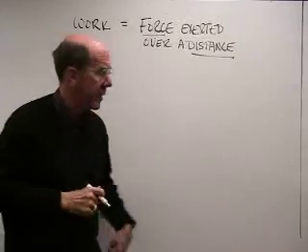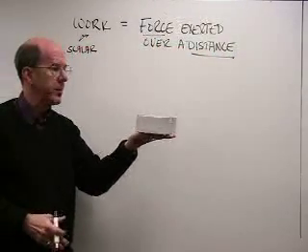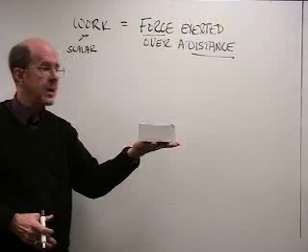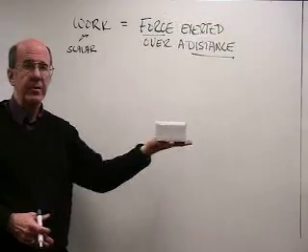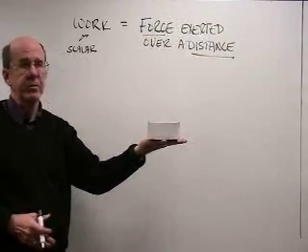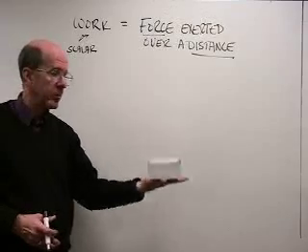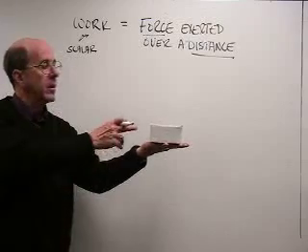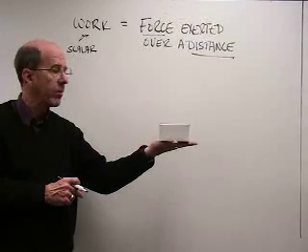Let's see, suppose I take a box. There's a box. I'm holding up the box. I'm exerting a force on it. It's not moving. Even though I'm exerting a force on it, I'm not moving it up, down, anyway, so I'm not actually doing any work on this. I can only do work if the object moves, and it can move up or down. And notice that if you think about it, I'm not the only agent exerting a force on this object.